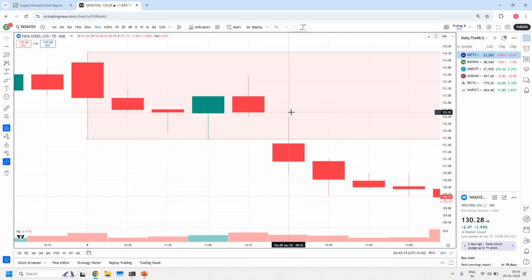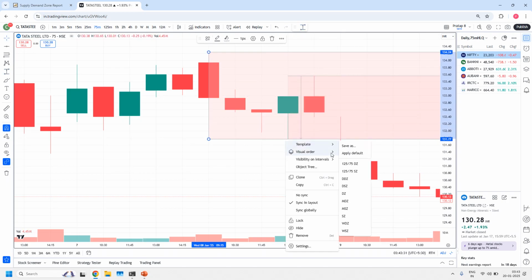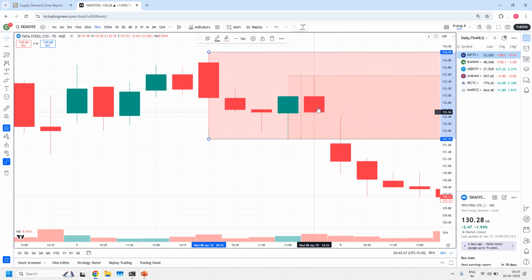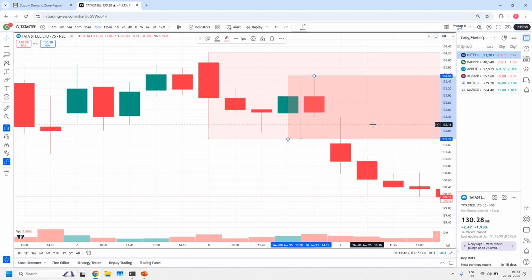This is going to be a big drop candle. So it's a hidden zone. So I can draw a 75 minutes fine-tuned zone. So this is the fine-tuned 75 minutes zone.